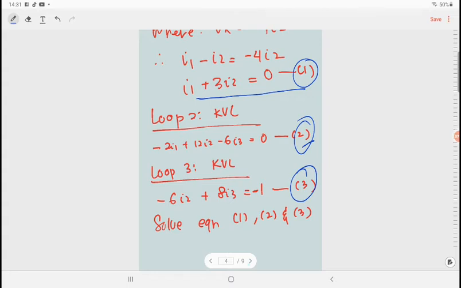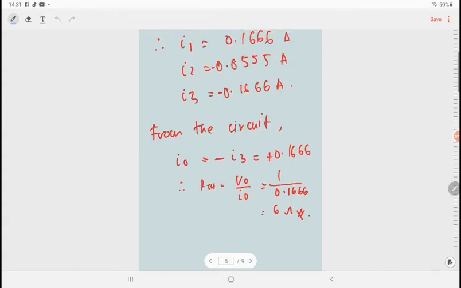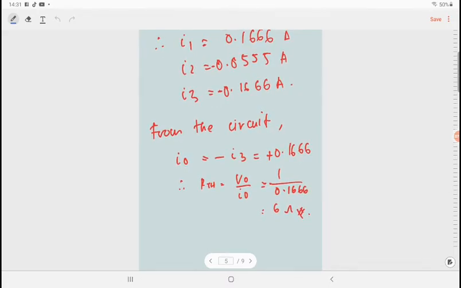By using your calculator, you got I1 equal to 0.166 ampere, I2 equal to negative 0.055 ampere, and I3 equal to negative 0.166 ampere. From the circuit, like I mentioned before, I naught is equal to negative I3.